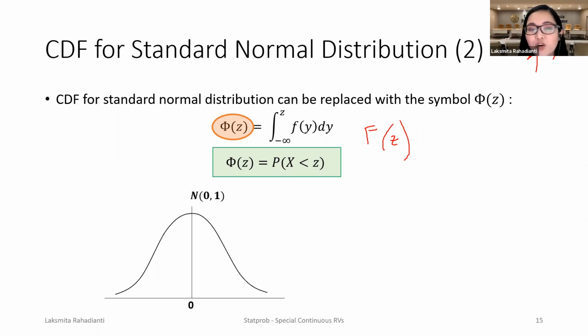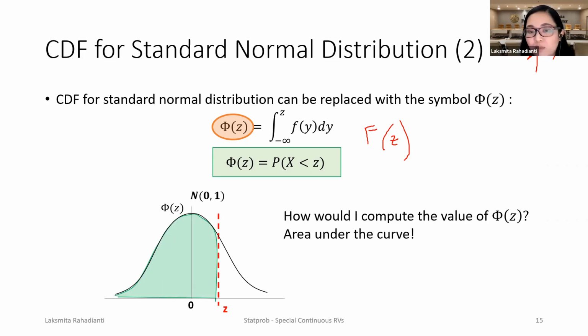So when I'm considering phi of z, I want to compute the probability of my random variable having any value up until z, so any value lower than z. And how can I compute it? Well, I could compute the area under the curve exactly as mentioned here using the integral, or we can use the z table.